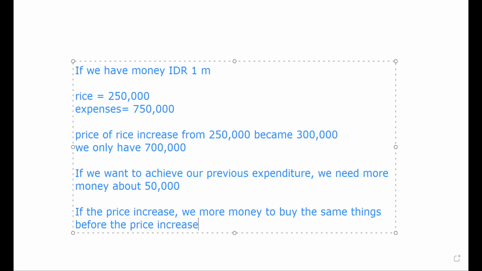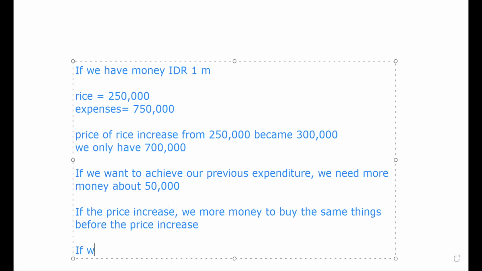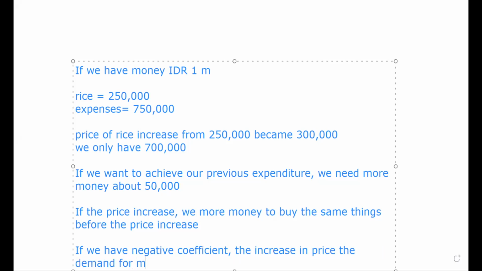But if we have here a negative coefficient, this means that the increase in price makes the demand for money decrease. It's impossible. You get the point? If price increases, that means we need more money.